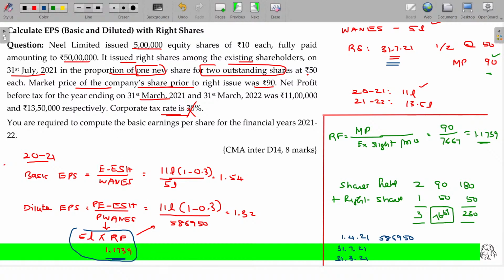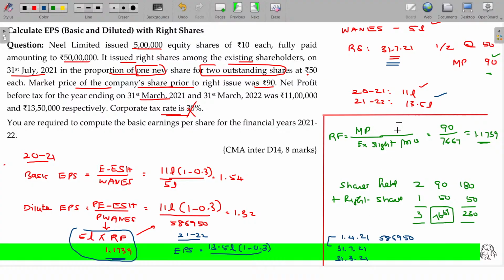Now, what about the EPS calculation for the year 21-22? Basic EPS. You can calculate the basic EPS. Here earnings for this period being 13.5 lakhs into 1 minus T being 0.3, divided by, what about the value here? Up to this, you have bonus shares.